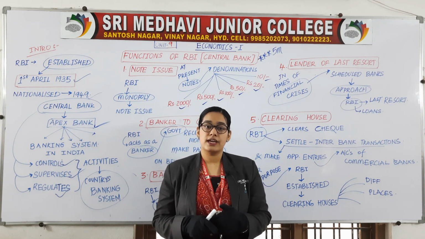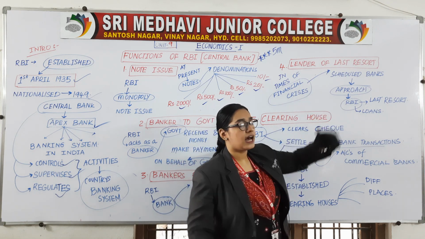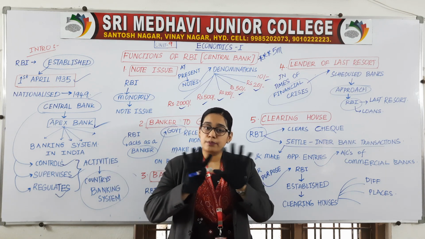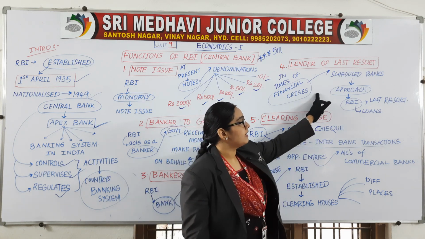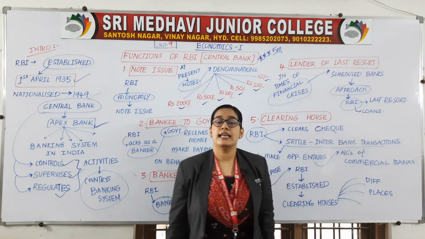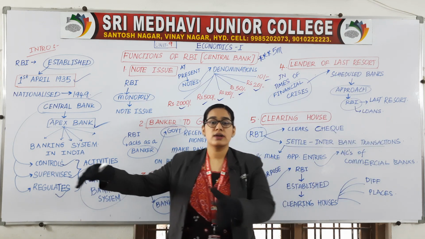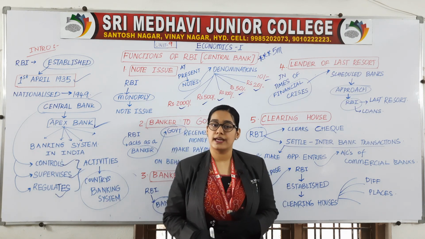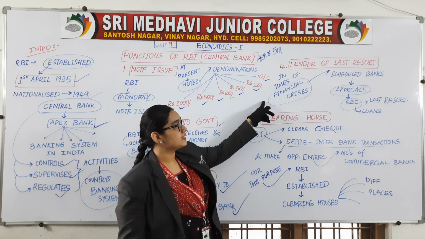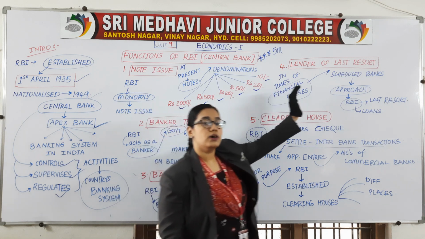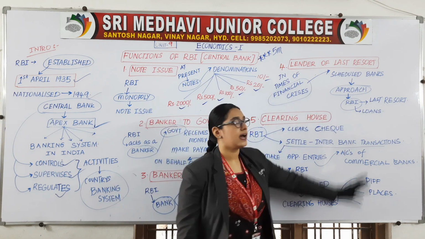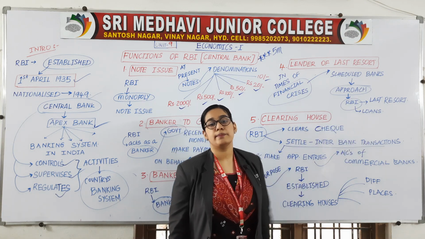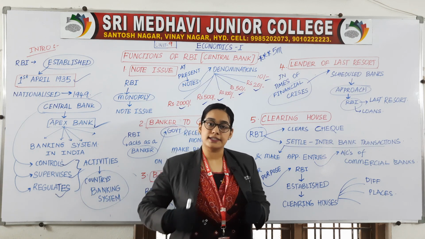In the same way, all the scheduled banks, after trying to solve their problems from various sources, if still their problem is not solved, will approach RBI as the last resort. After going everywhere, lastly they will come to RBI, because RBI is the only bank that will give them a loan when other banks will not.